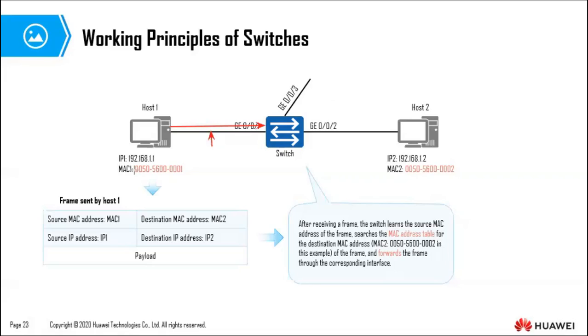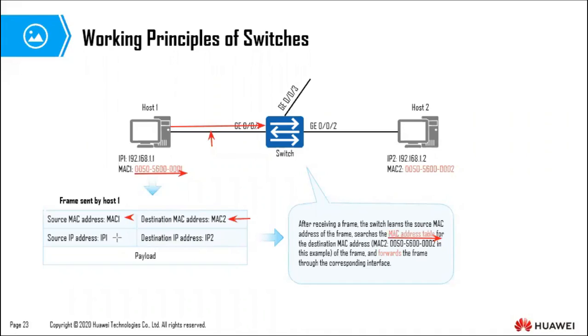Normally, when we say it forwards using the MAC address, we are going to understand better how that happens. But what you need to know is that the switch maintains what we call a MAC address table. So if host 1 is sending a frame to host 2, it will have the source and destination MAC address.